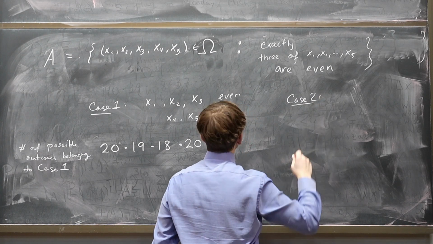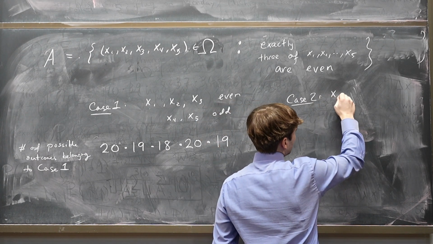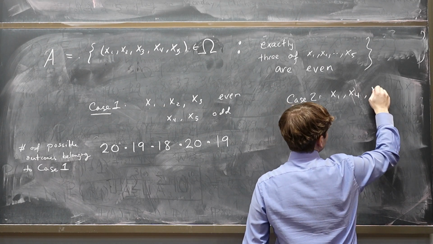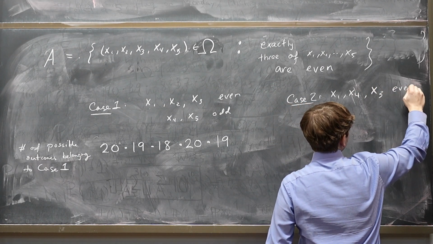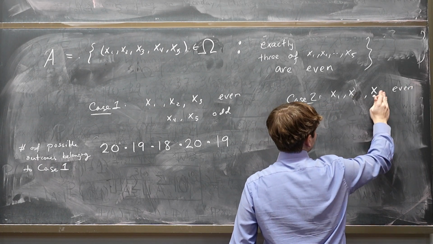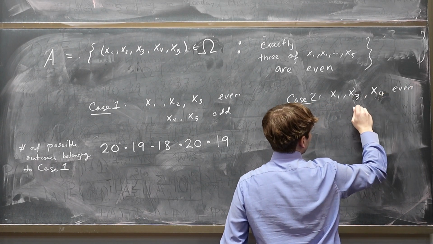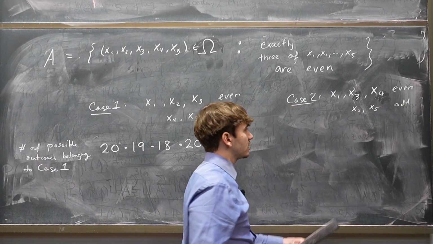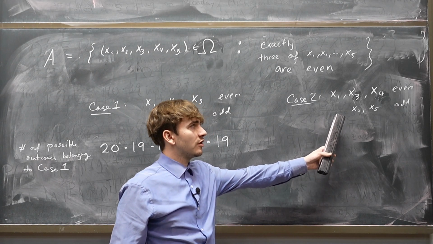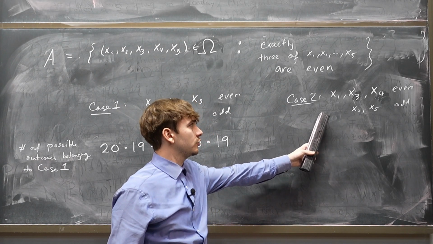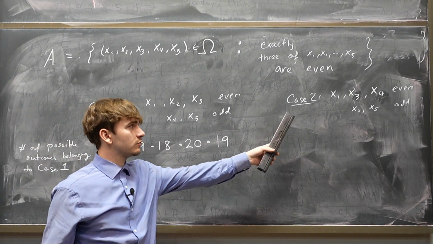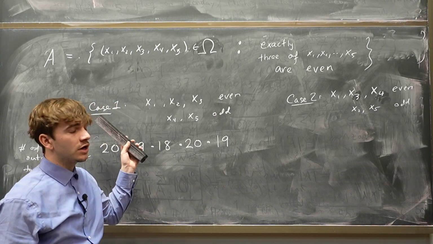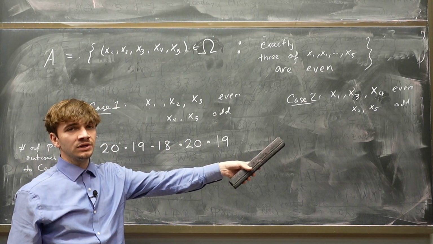For case 2, I could have x1, x4 and x3 be even, or x3, x4 even, and x2 and x5 odd. If I look at the number of possible outcomes belonging to case 2, first of all, note that case 2 and case 1 are disjoint. There's no overlap between them. All these outcomes are completely different outcomes.